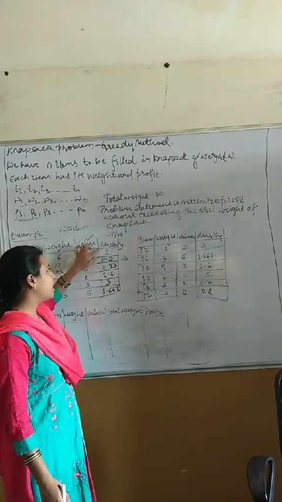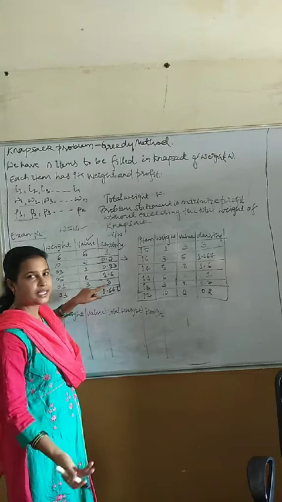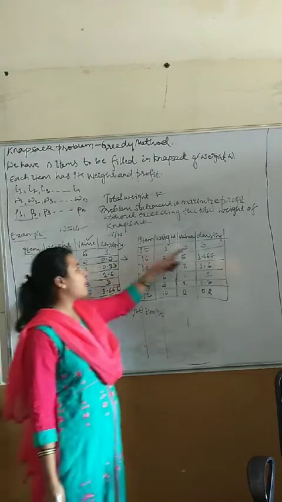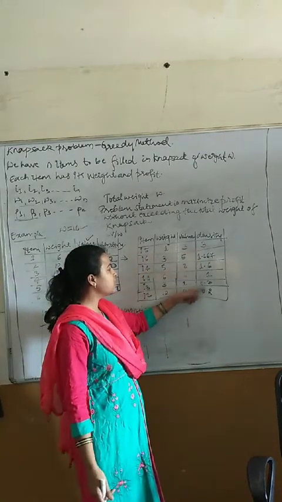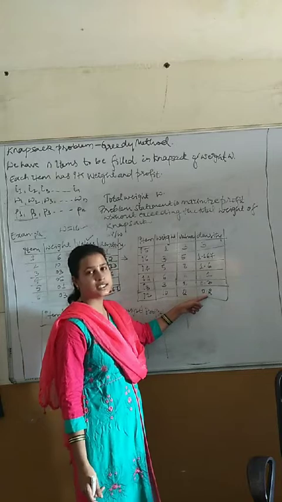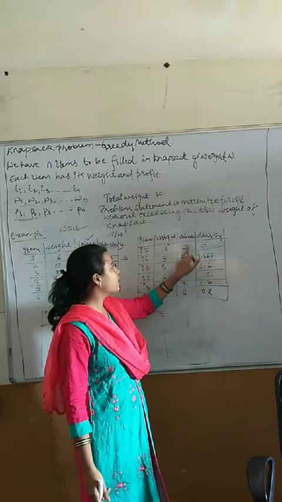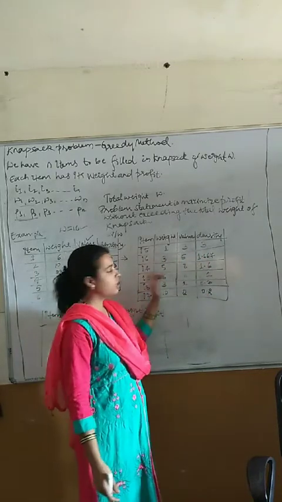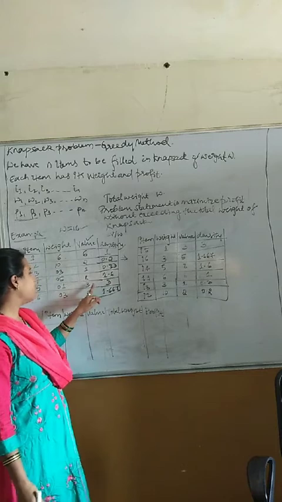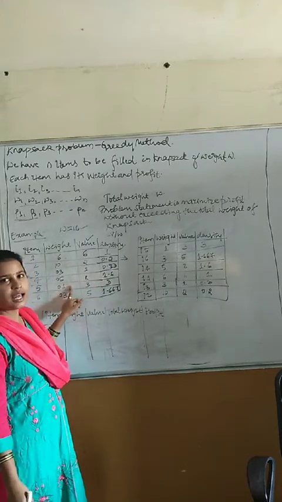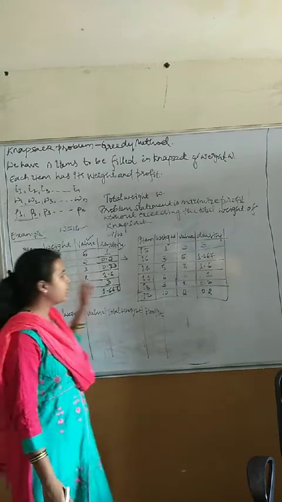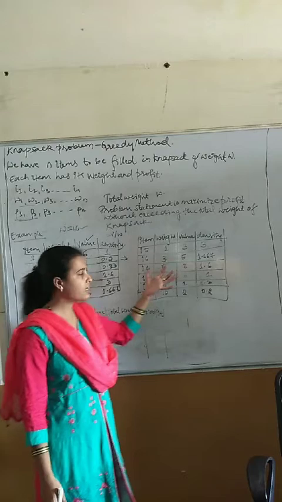Which is the highest density here? It is 3, so I have taken 3. You can see this is already arranged in descending order, and I have taken the corresponding values. So 3 is the value, its weight is 1, and it is item number 5. Like that I have rearranged and taken them.